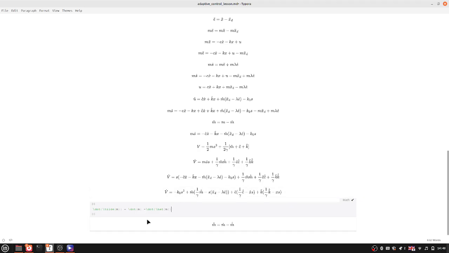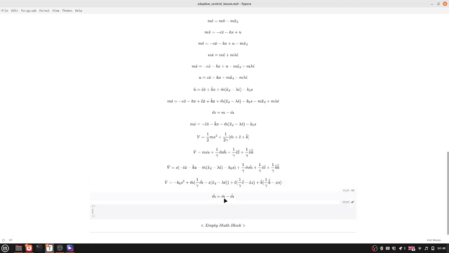And we mustn't forget that actually M tilde dot, which is this one here, is equal to minus M hat dot. So when I design M hat dot to cancel out these dynamics, I need to remember that sign change. So M hat dot is going to be equal to, well, it's a little bit more convoluted. It's going to be gamma first of all. That 1 over gamma times gamma will just be 1, so that will get rid of this 1 over gamma.